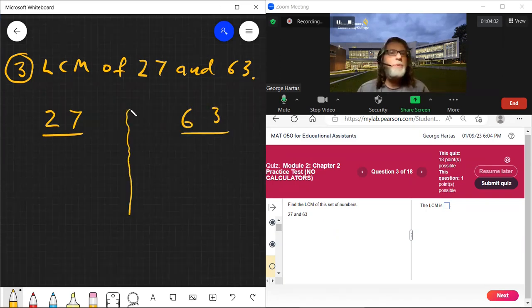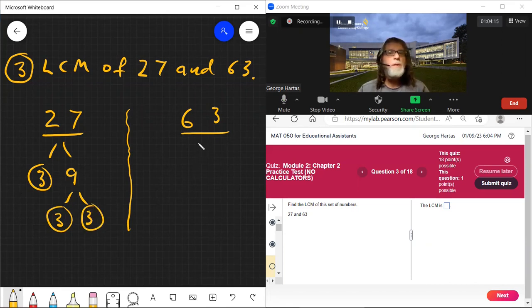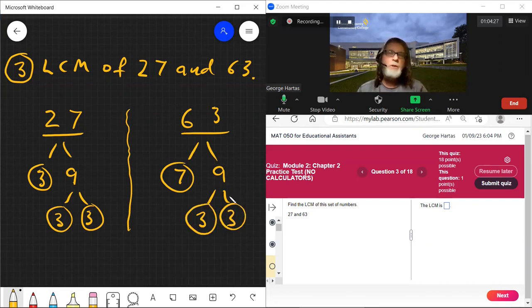Again, separate the two trees. 3 times 9 is 27. 3 times 3 is 9. Right out of the multiplication table, 7 times 9, and 3 times 3. See how knowledge of multiplication facts and prime numbers is vital.